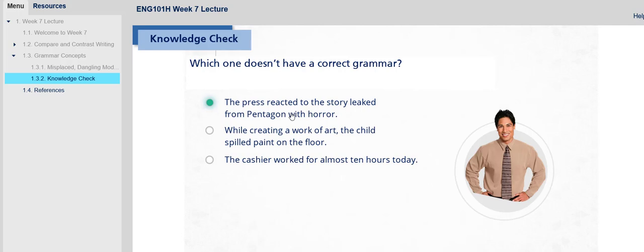Obviously, this is a misplaced modifier, because you would say that the press reacted to the story with horror, not the Pentagon building. It's a bunch of people working for the newspaper. They're the ones that are horrified by something. So therefore, "the press with horror reacted to this story leaked from the Pentagon." That's correct. So this is a misplaced modifier because you have to put the modifier someplace else in order for this to be correct.